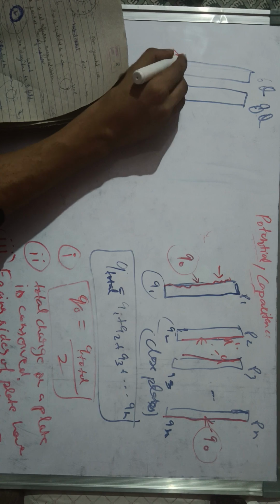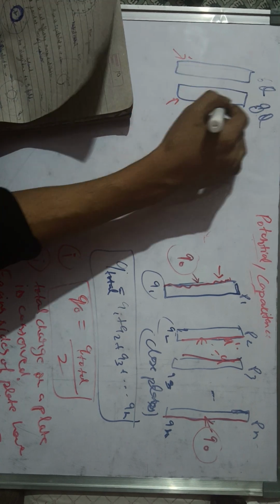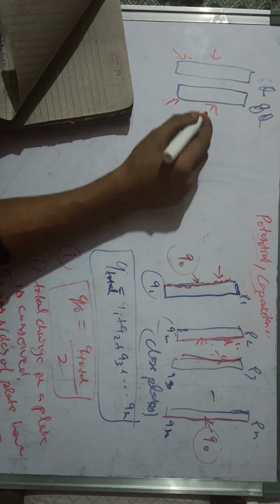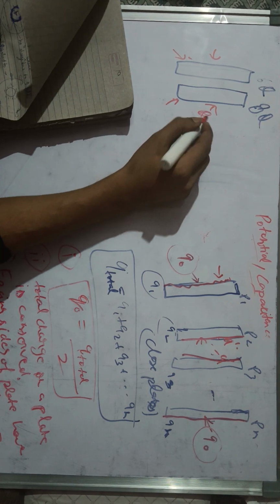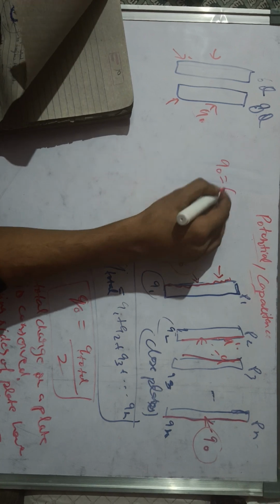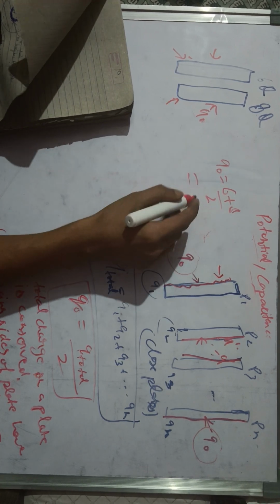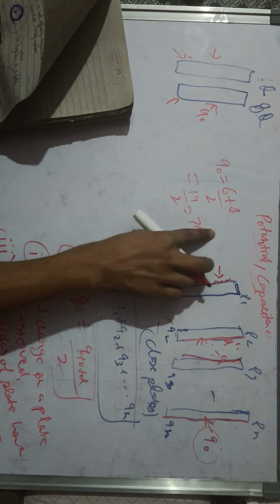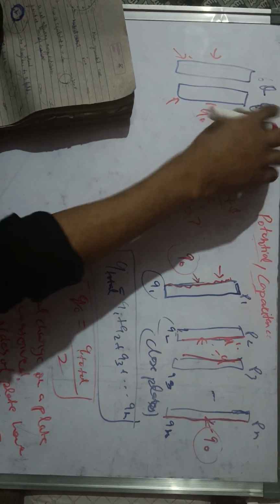When they are brought closer, first we have to find the charge at these outer plates, which is equal to q naught. And q naught is equal to (6 plus 8) by 2, which is 14 by 2, which is equal to 7 coulomb. Here it was 8 coulomb.